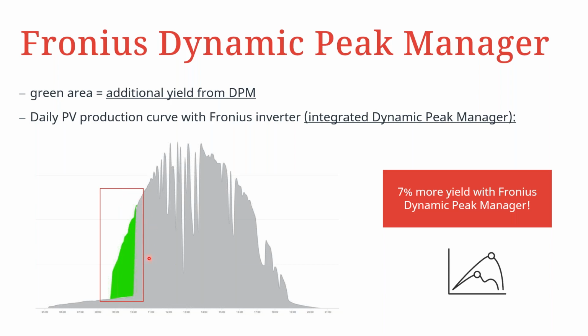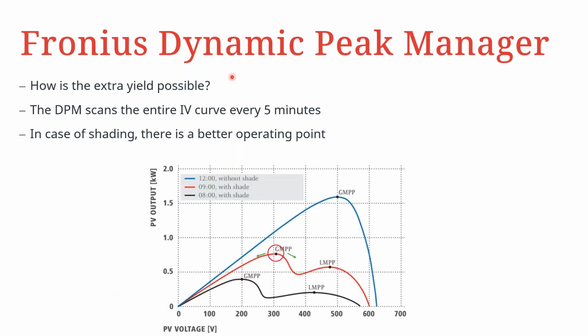But how is this possible with this extra yield? This is possible because with a dynamic peak manager that is embedded in all Fronius inverters, the inverter is able to scan the entire IV curve. So it doesn't matter whether there is a local maximum power point or another maximum power point somewhere.